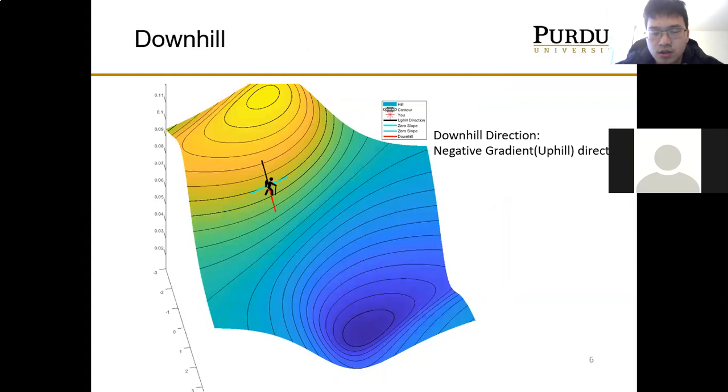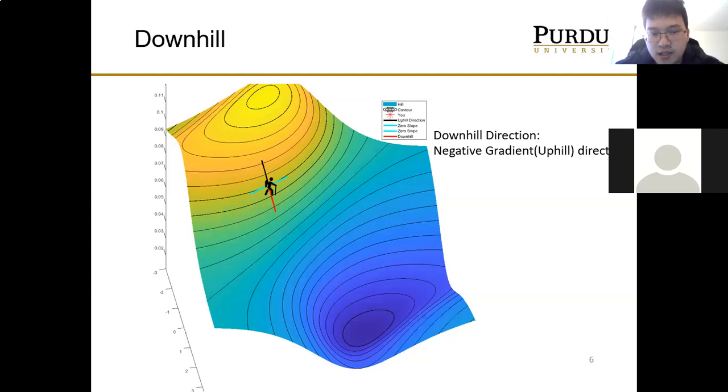This is also the direction if you put a ball in that location, it will fall along that direction, correct? That would be a good way. So you want to follow the red direction, which is called the downhill direction.